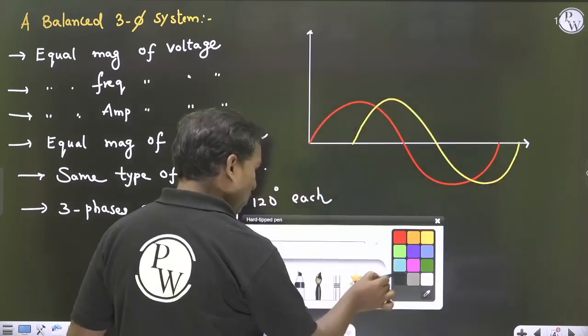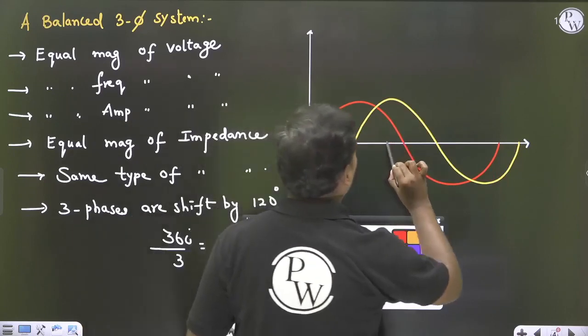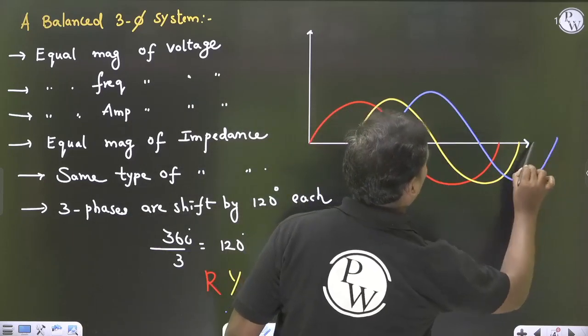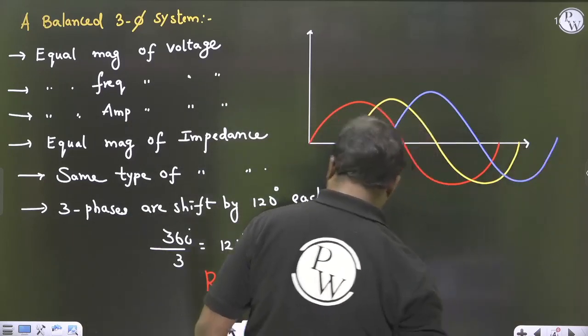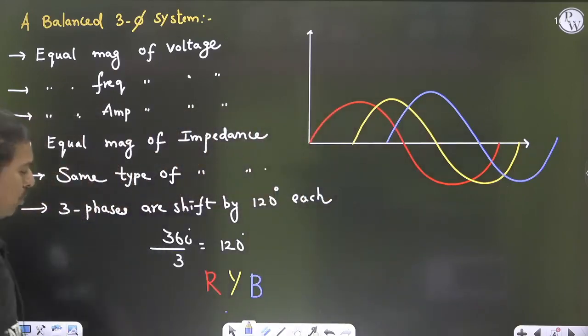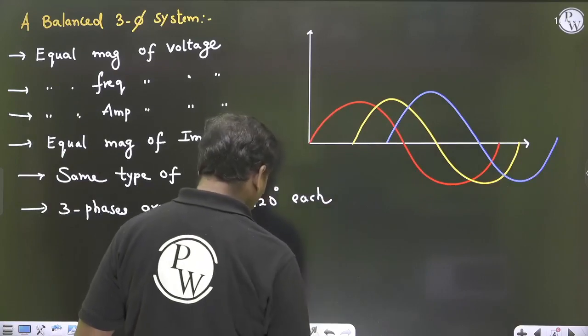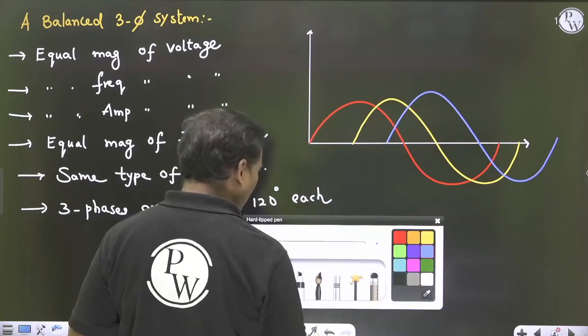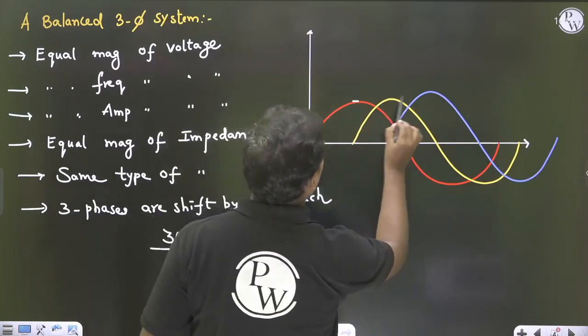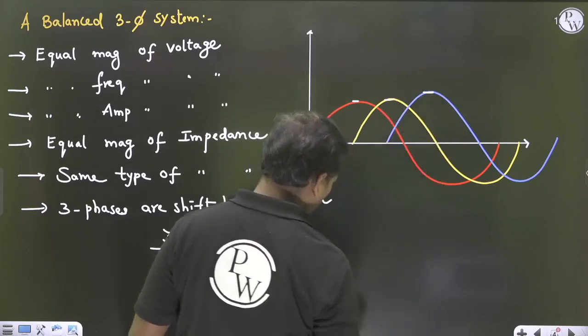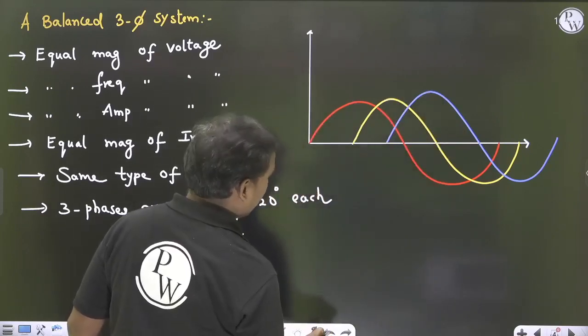Next the blue is having a phase lag of 240 degrees, like this. So if you see this, all the amplitudes are same here.